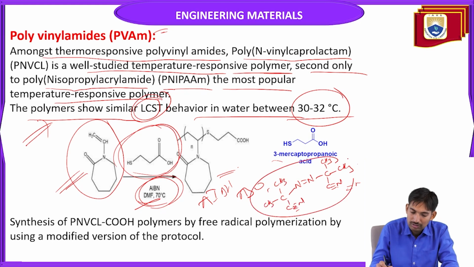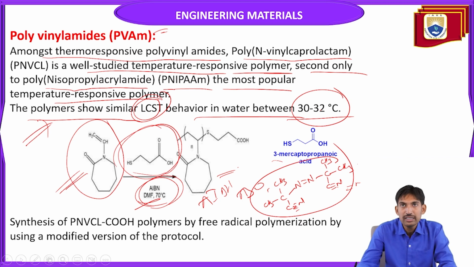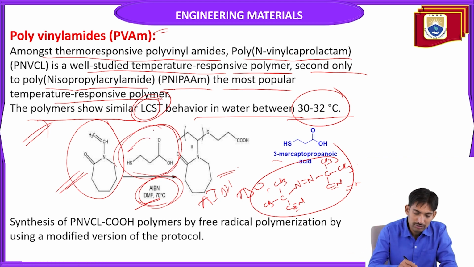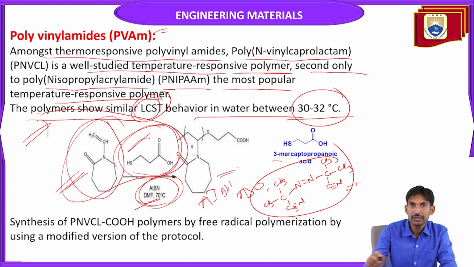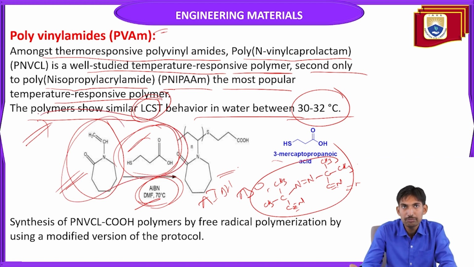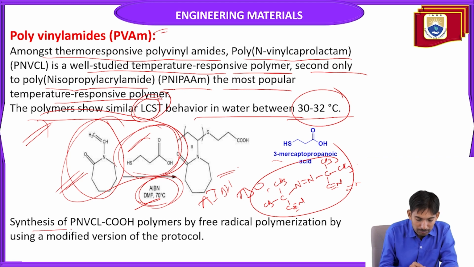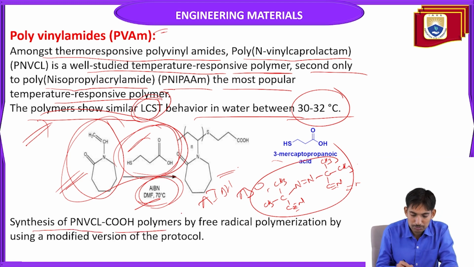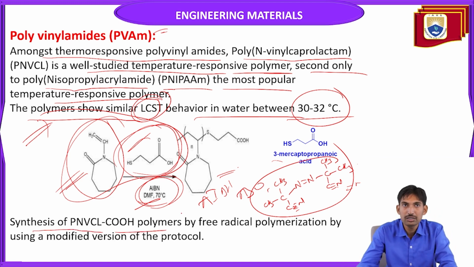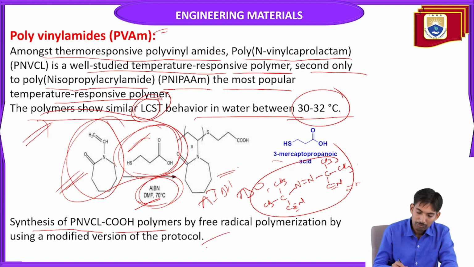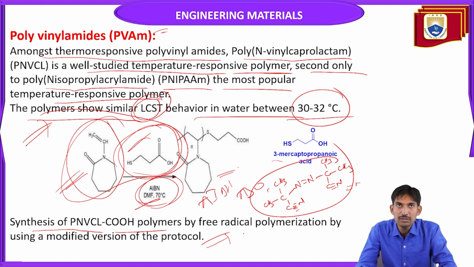This is the structure of AIBN, and this is the structure of 3-mercaptopropanoic acid. These two undergo polymerization and form polyvinyl amide, PVAM. The synthesis of PNVCl-COOH polymers is by free radical polymerization using a modified version of the protocol.